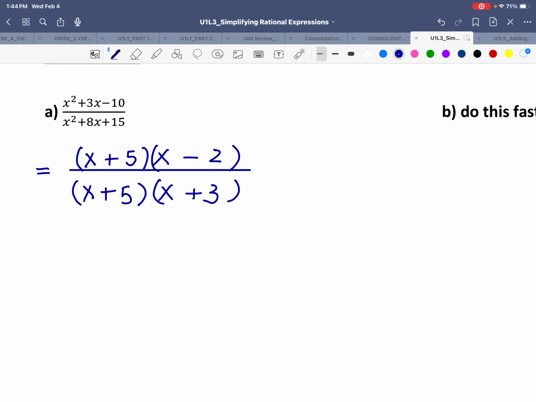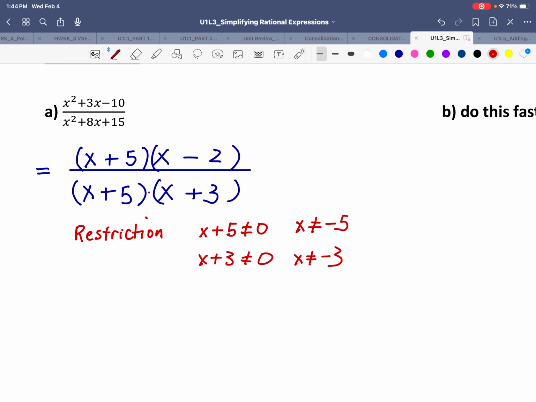So before we simplify, we want to state the restrictions. Remember that we have two factors in the denominator. They both have the potential of becoming 0 for a specific value of x. So we're going to say that neither one of them can be 0. So we're going to say x has to be different than negative 5 and different than negative 3.